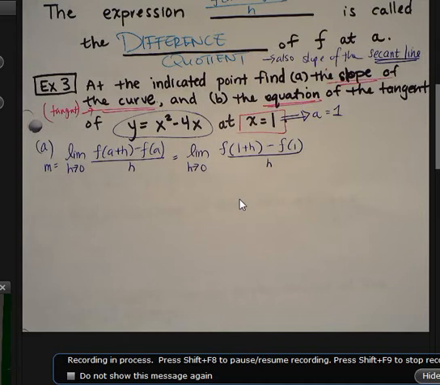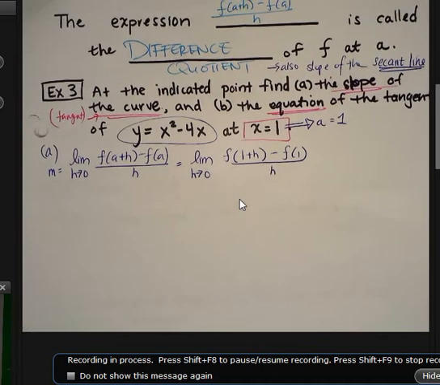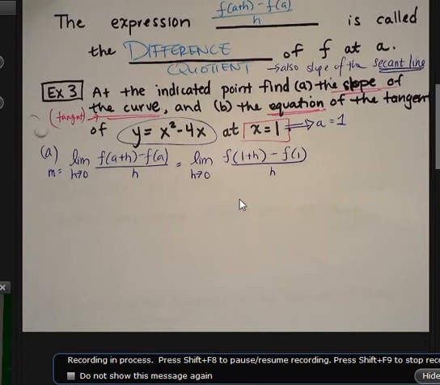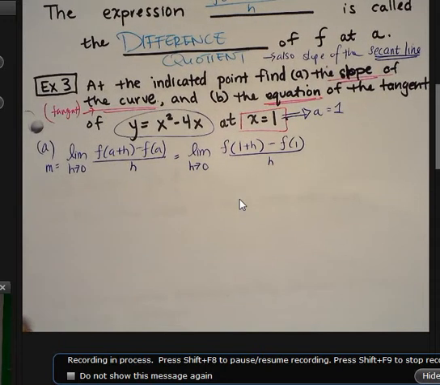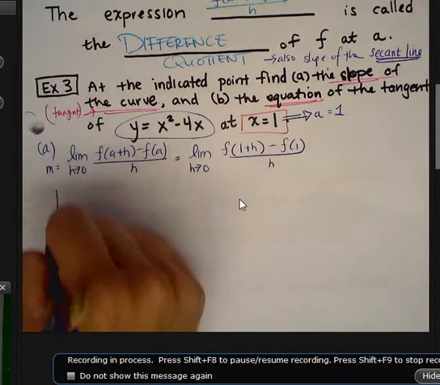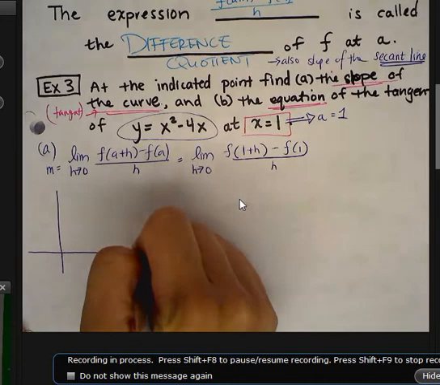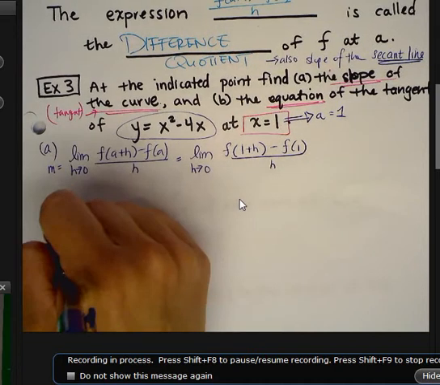Actually, let's go ahead and draw the picture now. Let's draw a picture of the graph. It's going to cross the x-axis at 0 and 4, right?